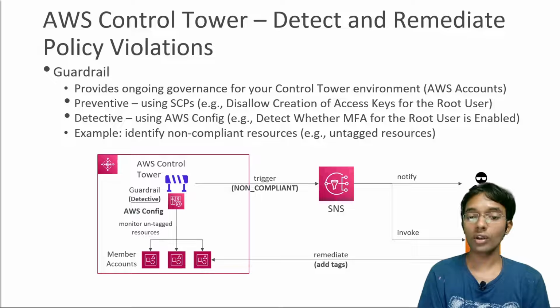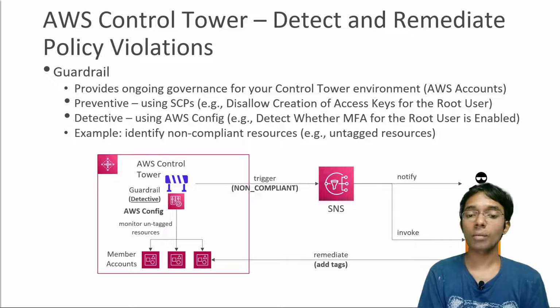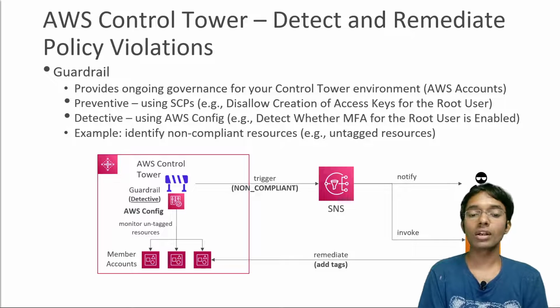Or detective guardrails, where you give permissions to your accounts, but then use Config to detect, for example, whether or not MFA is enabled for the root user, and so on. Config is very helpful because it gives you the compliance or non-compliance of resources.